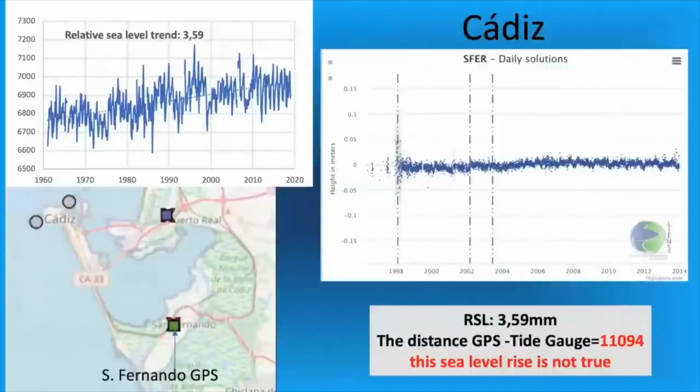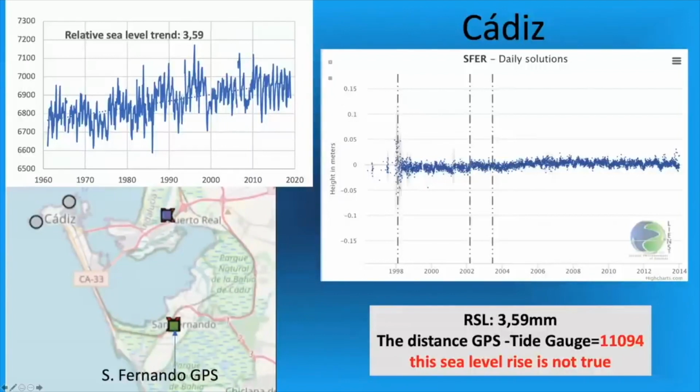At Cadiz, another thing I would like to tell you, because it's painted in orange in the maps, you have a great sea level trend, more than 3 millimeters and a half. But the tide gauge is here in the city, near the harbor of Cadiz, and the GPS, which is used to balance, to correct the tide gauge, is about 11 kilometers from this tide gauge.